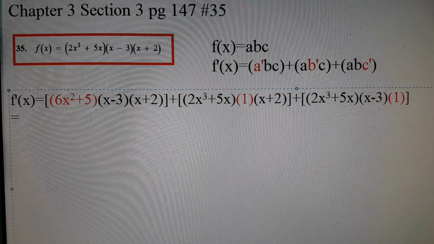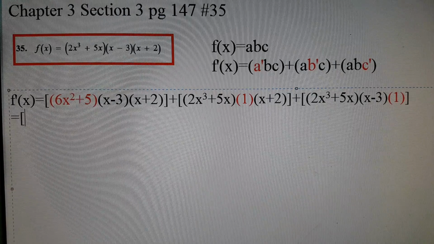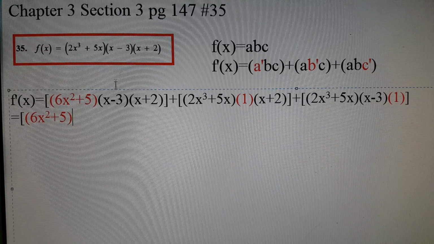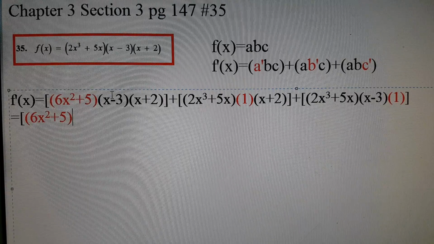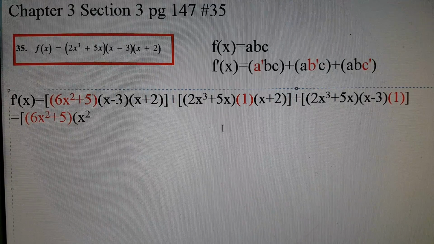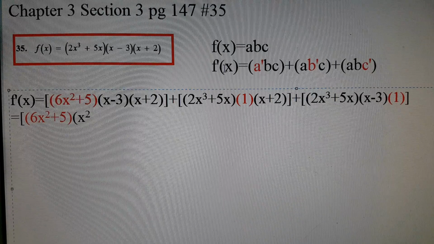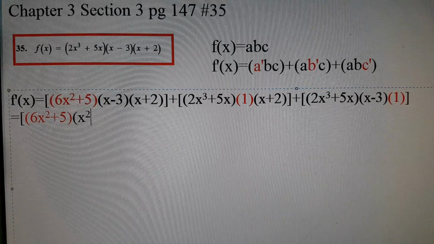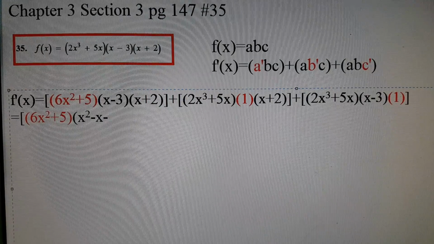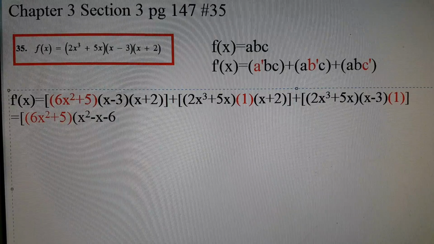So I'm going to go ahead and multiply these two together. x times x, x squared, minus 3 times x is minus 3x, plus 2x just becomes minus x. And then minus 3 times 2 is minus 6.